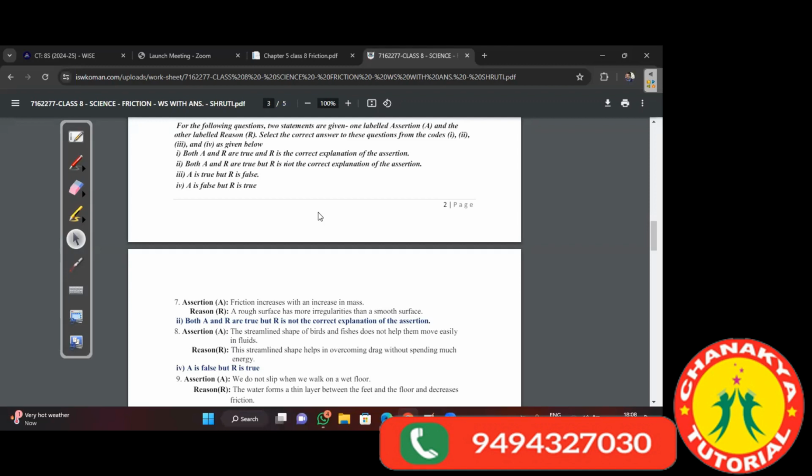Option 3 you have to choose if the assertion statement A is true but the R statement is false. So if you get one as true and the other one false, then you will use option 3. And you will use option 4 when A is false but R is true.